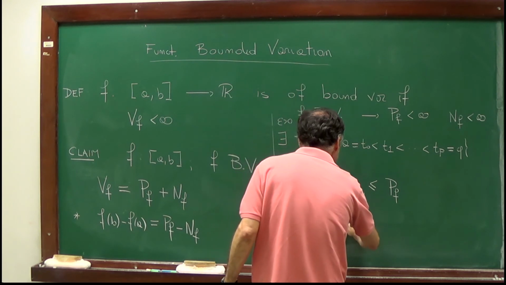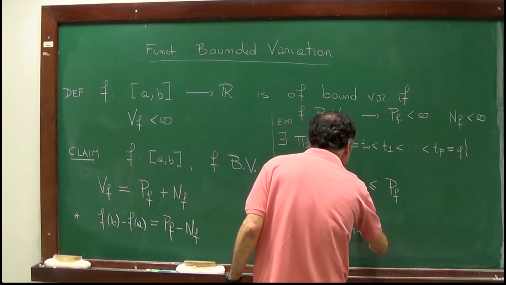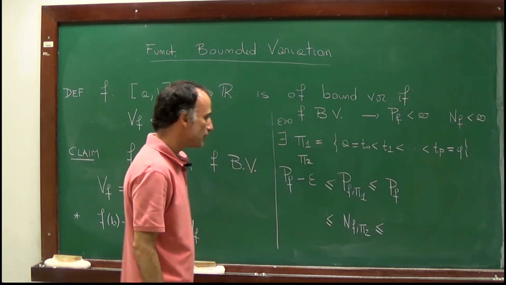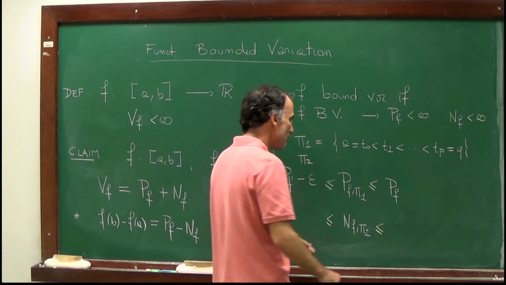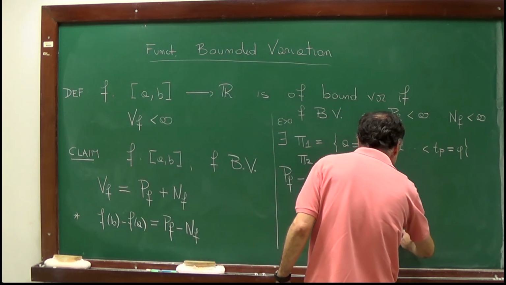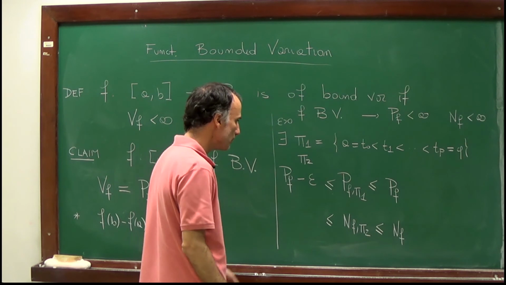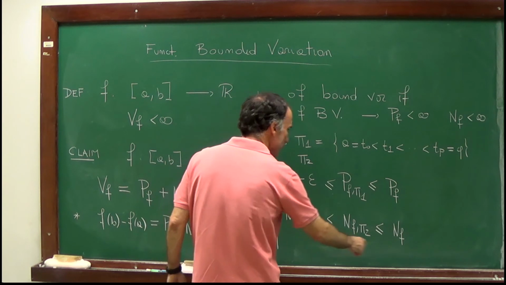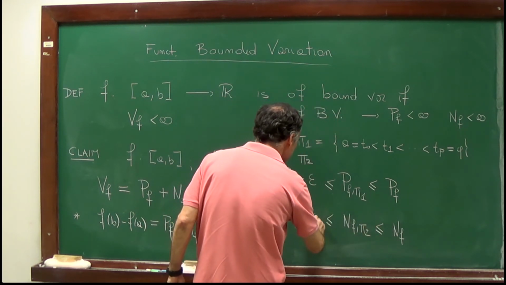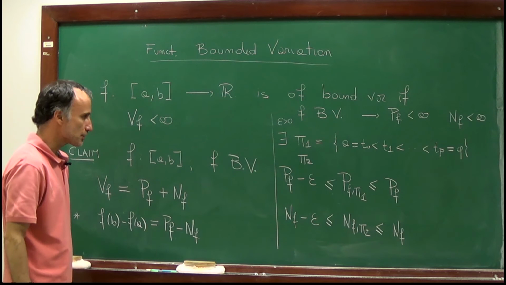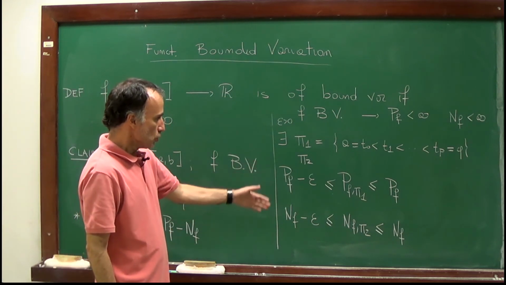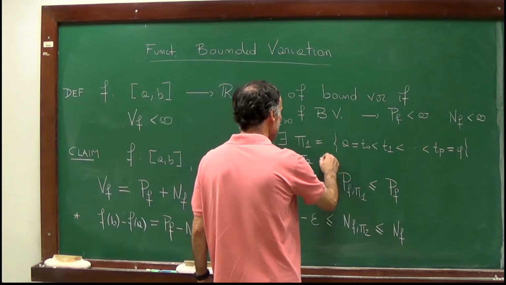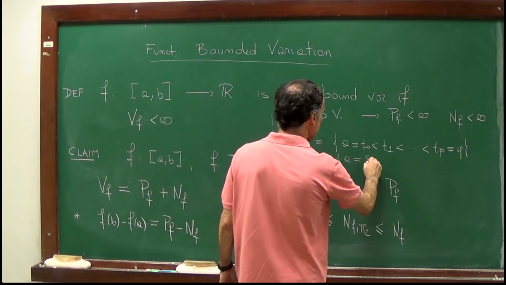So I just rewrite here that the negative variation of f along the partition pi 2 is bounded by the negative variation of f, because that one is a supremum, and since it's finite, we can find one which almost reaches that supremum, so which is larger than the negative variation minus epsilon. So from these two inequalities, now observe the following fact.